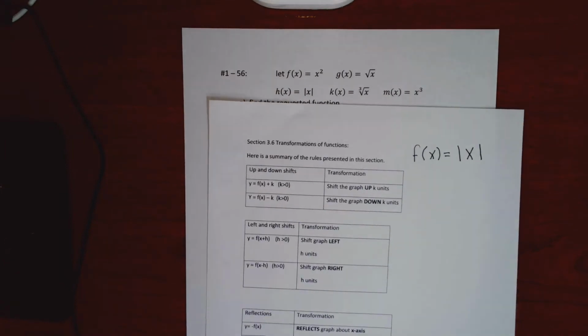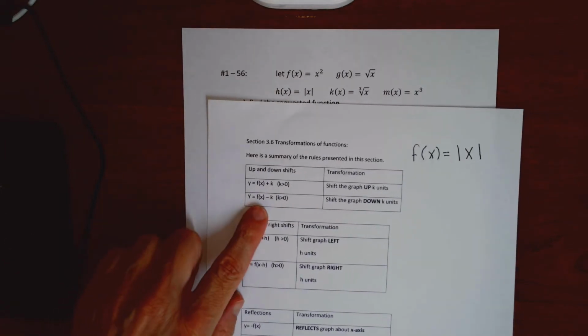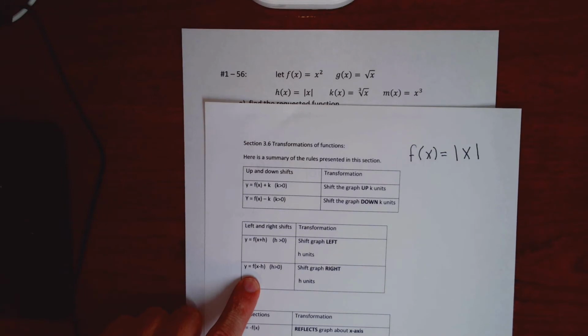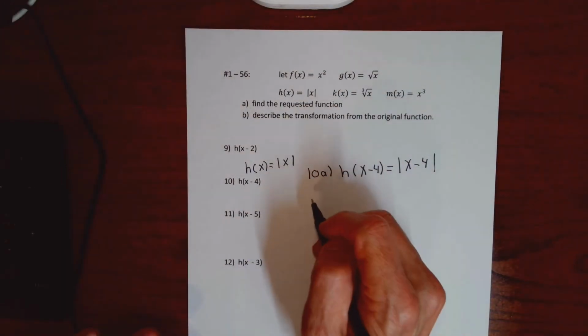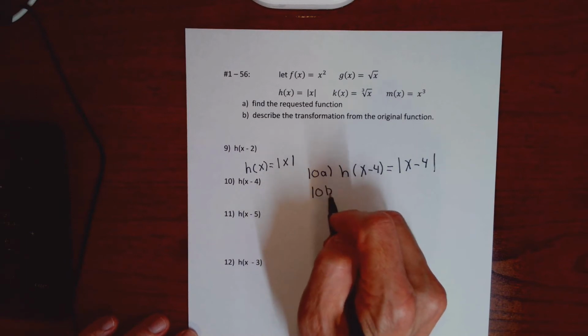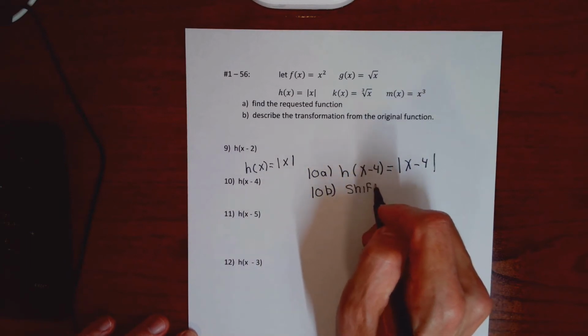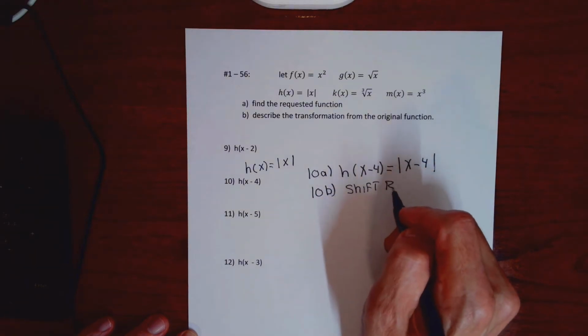And minuses are, if it's after the function, it moves it down. If it's in the parentheses, it moves it right. For each of the problems on this page, it's going to move the graph right. So if I want to be wordy, I can say the graph is going to be shifted right 4 units.